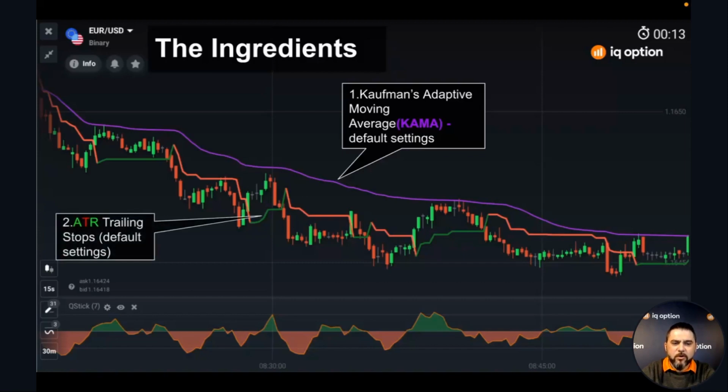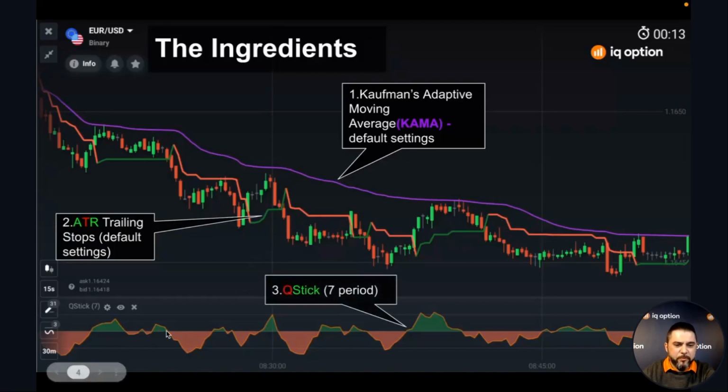ATR trailing stops on default settings, that would be this red and green line that runs along the charts. And then the third one is the QStick on 7 periods on the bottom here, showing us little changes in direction where the market is heading. All of them are indicators that show us the trend. So this is a trending strategy, how to use 3 trending indicators to get a strong signal.